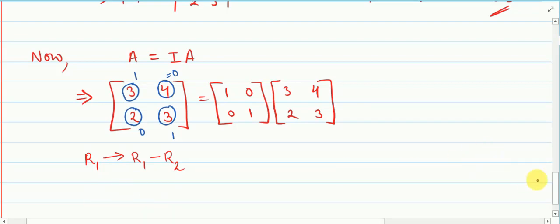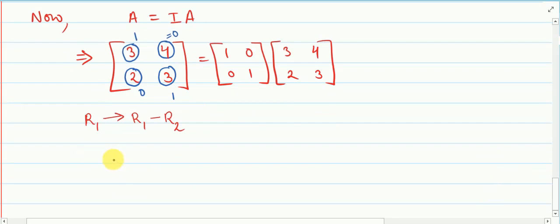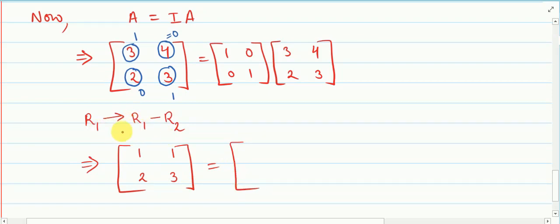By this, what we'll get? 3 minus 2, you'll get 1. 4 minus 3, you'll get 1, and this will remain as it is. And the same operation has to be done on this identity matrix.